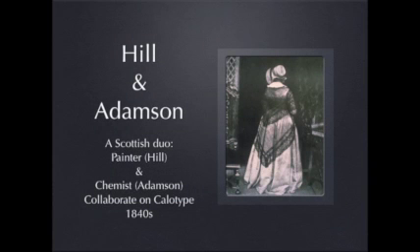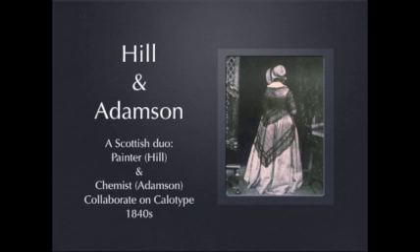So, very quickly, let's look at this other duo. We won't spend a ton of time with them, but it's interesting to see how this other duo that was using calotype as a material are somewhat similar in some ways. They're in about the same time period that Southworth and Hawes were, but they were using calotype instead of the daguerreotype.